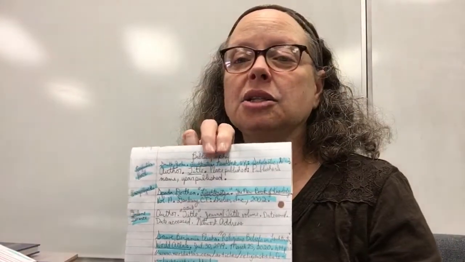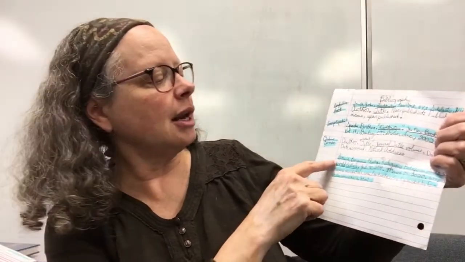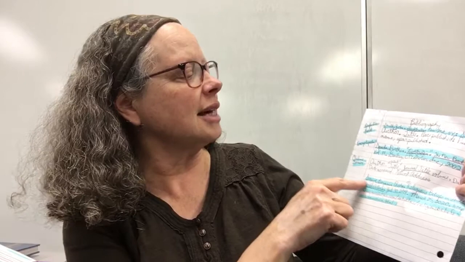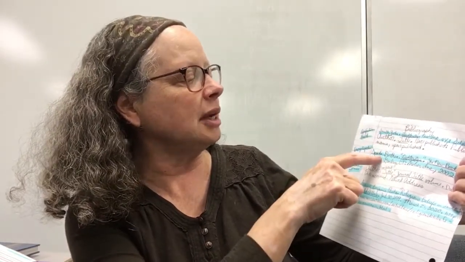Now, the one thing that you do need to make sure that you do when you are doing these is they have to be in alphabetical order according to the author. So if I got all this together and then I noticed they weren't in alphabetical order, which I just noticed they're not, I would have to rewrite it and put Sawi, Benjamin Elisha first, because SA is before SM and SP.